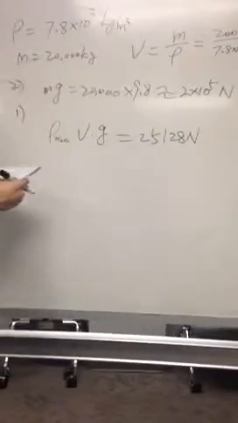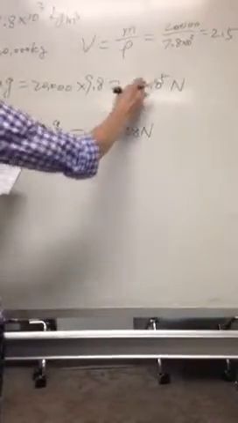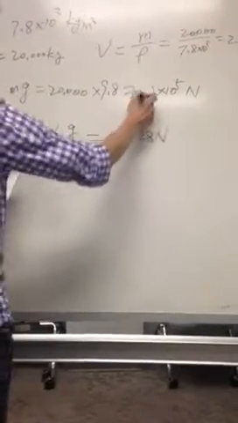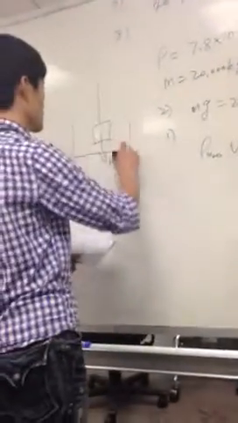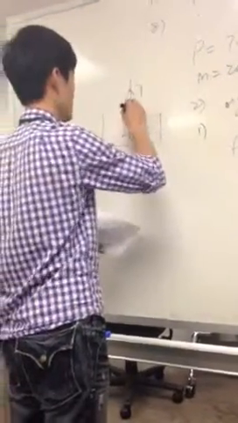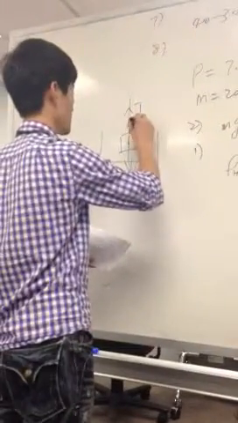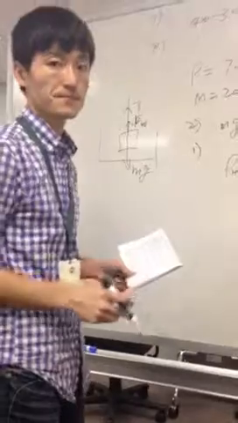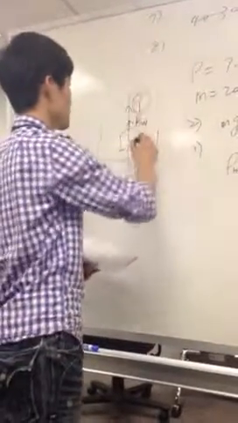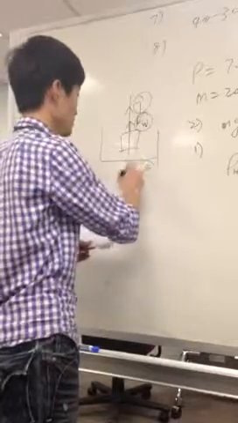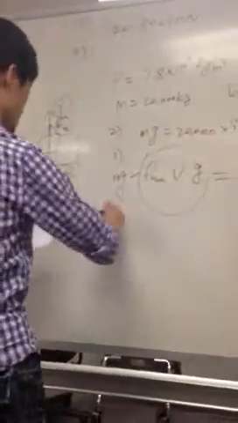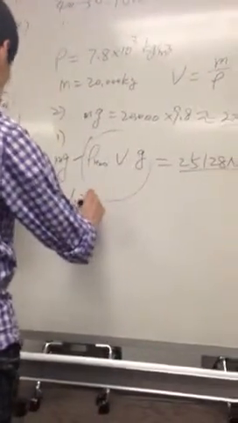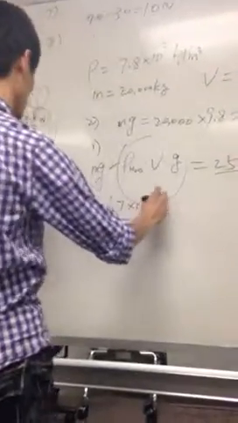And you just need to subtract the force of the water from the total gravity. If it's in water, there is tension, and then there is a force from the water, right? So the tension will be less. Just use mg, subtract this, and then you will get around 1.7 times 10 to the 5th Newton. Okay, so that's this question.